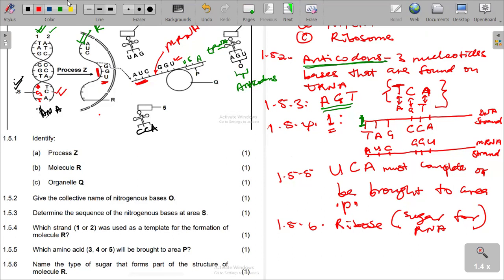That is what the question wants you to know: what type of sugar is found on strand R. Our strand R, we are saying it is ribose sugar. Ribose sugar is the answer in this case. Ribose sugar is what you need to understand.